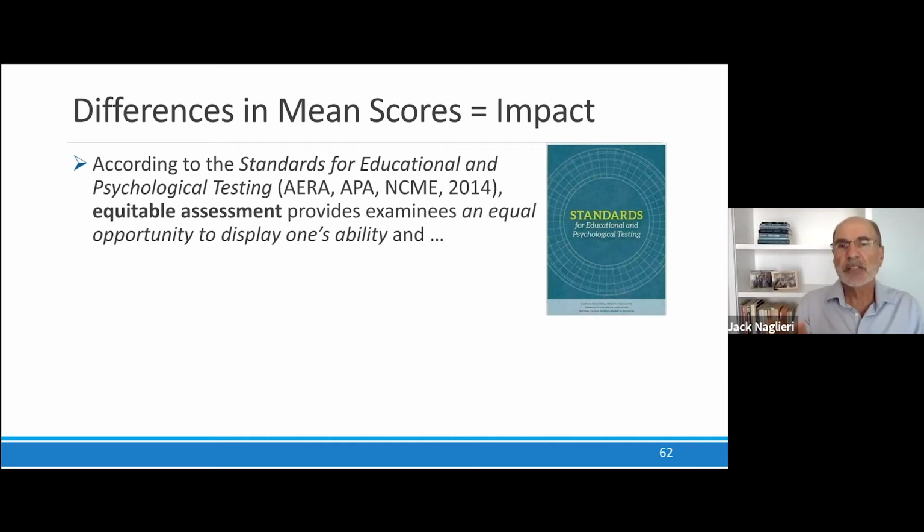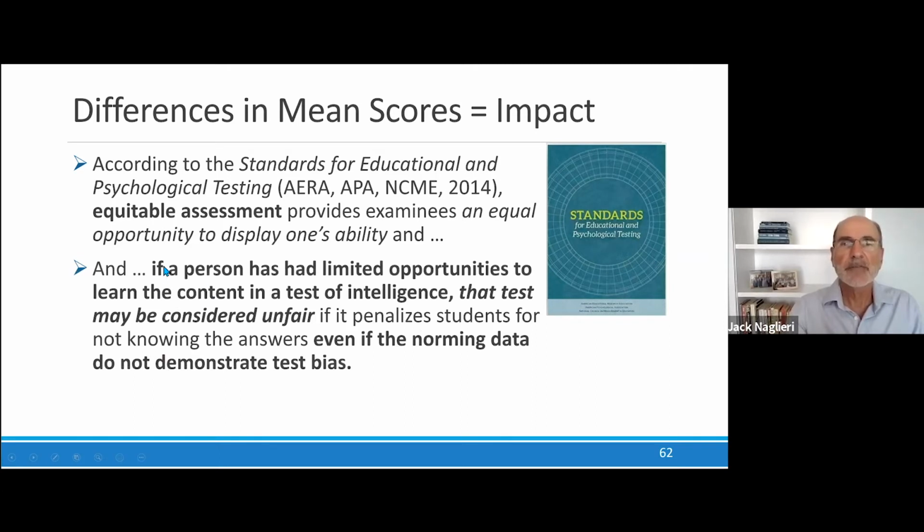And if you read the Standards for Educational and Psychological Testing manual, they make it very clear that if a person has had limited opportunities to learn the content in a test of intelligence, that test may be considered unfair because it penalizes students for not knowing the answers. Now, here's the important part.